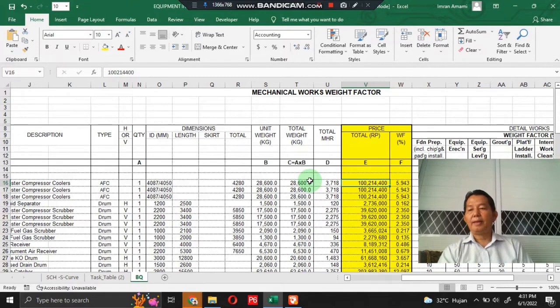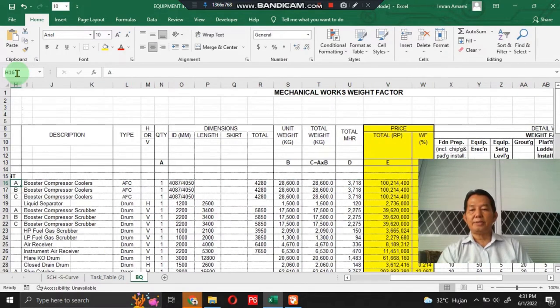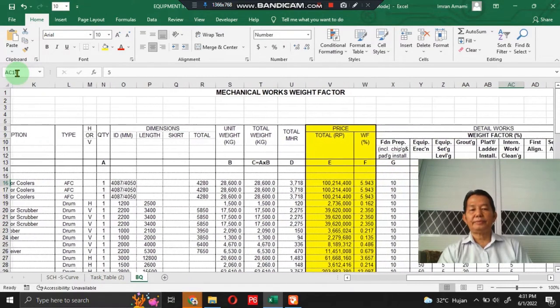For example, in the V19 cell, this is the contract price for the work item booster compressor coolers.